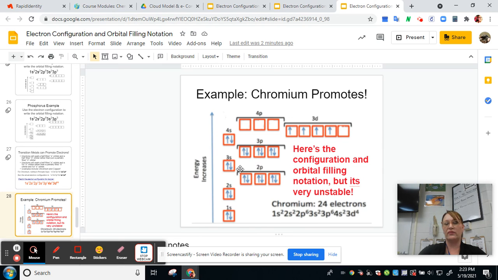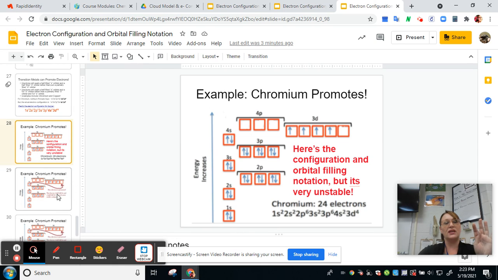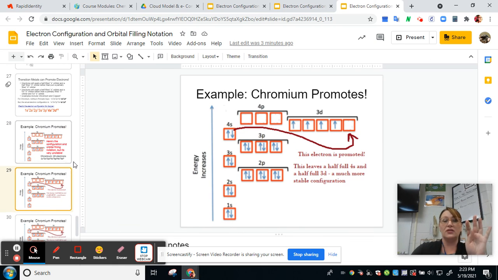Here's the orbital configuration without any promotion. Notice that the 4s sublevel here has 2 electrons. The 3d sublevel here has 4 electrons. That's pretty unstable. Okay, all the lower ones are full, but this outer weirdness makes it a little bit unstable. And only transition metals, and only a few of them, have this ability.